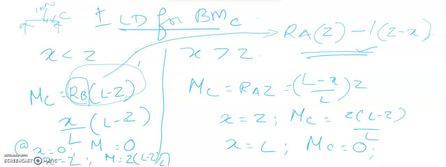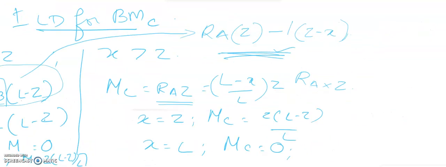That is what I mean: you should write like this and simplify. Then you'll understand how you reach here. In the same way, over this region, when x is greater than z, what will you have? Just RA into z. Substitute that, and we can go for drawing the ILD for bending moment.